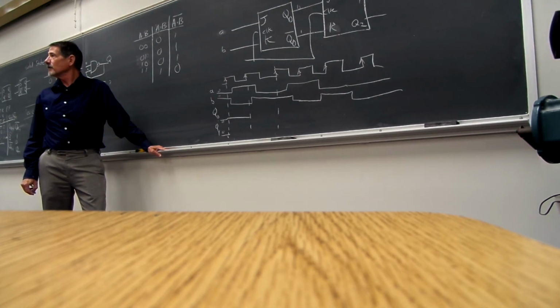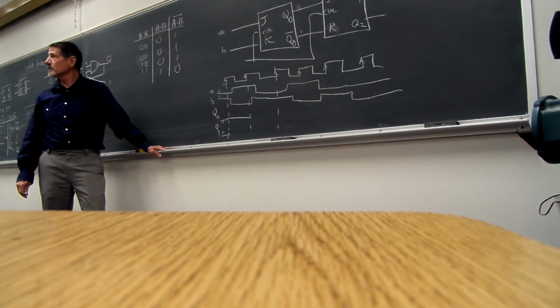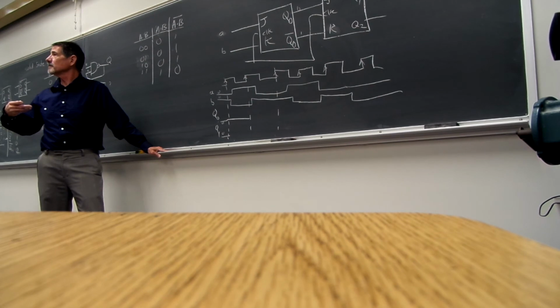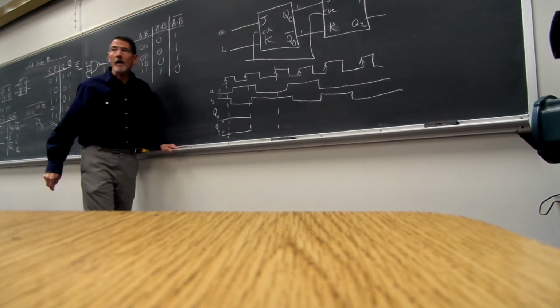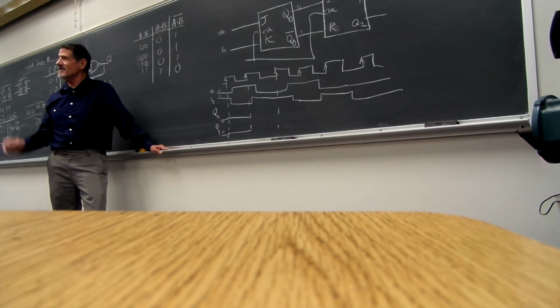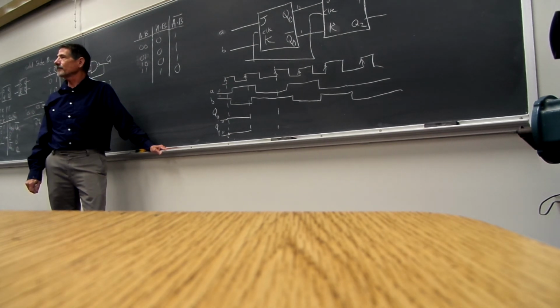Gives you Q of 0. So what was my Q1? It was 0, so it does what? Stays a 0. Nothing exciting going on here. Okay, and we transpose that all the way out to the next clock event. Nothing can happen until it's clocked.